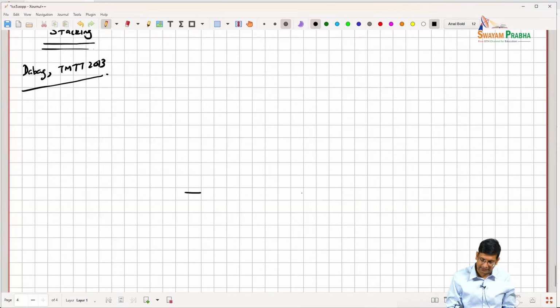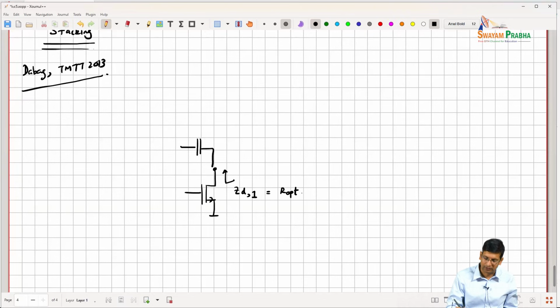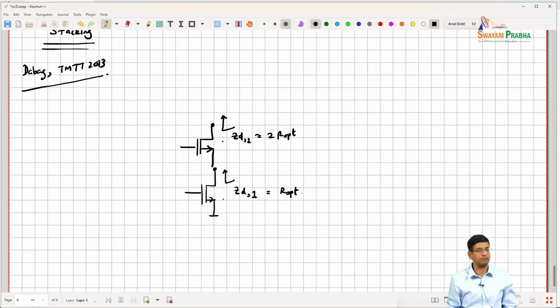The idea is that let's say that I have this transistor over here. This transistor wants to see some impedance at the drain, let's call it ZD1, which I'll call R opt, right? What I'll do is I'll put another transistor on top of it, and this transistor now at its drain wants to see 2R opt, because this becomes a series combination.